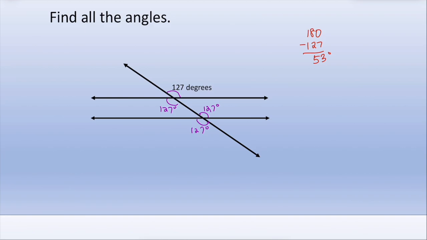So all the ones that we haven't marked, that's 53 degrees. That's 53 degrees. That's 53 degrees. That's 53 degrees. So as you can see, that totals 360. 127, 127, 127, 127, 53, 53, 53, 53. So it has a really, really great pattern.